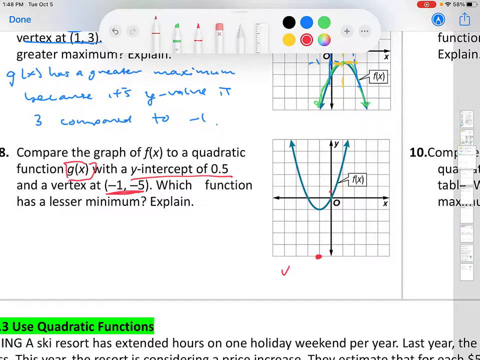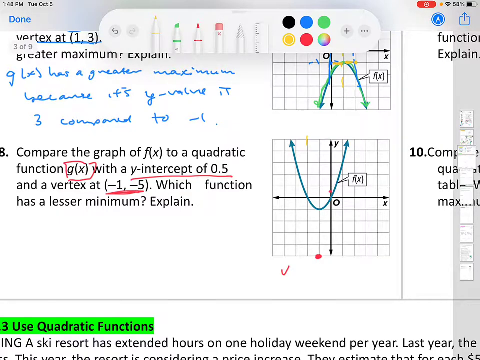So pay attention, the graph is not going to do something like that. That would be wrong. Because it goes through the y-intercept, but that is not the vertex, or the lowest or highest point. Does that make sense? So the graph must go, watch this, through the vertex. Let's try that again.